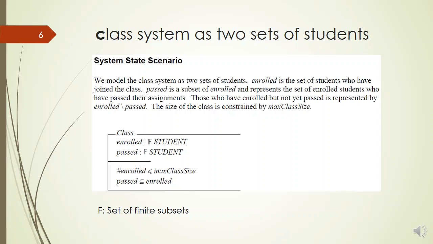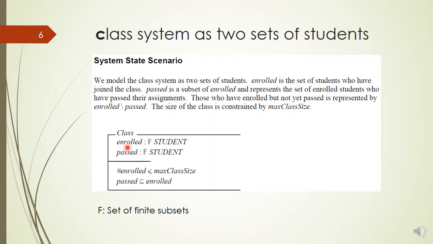Therefore, there are two set variables. The first set variable is enrolled, and its type is the set of all finite subsets of set student. And the second set variable is passed, which is declared on the set of all possible finite subsets of set student.